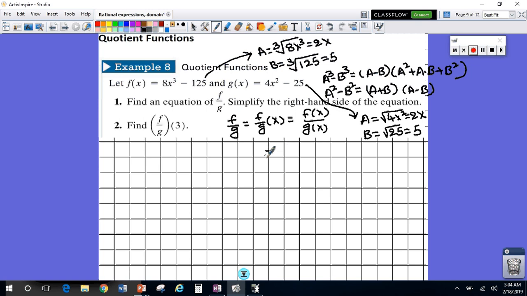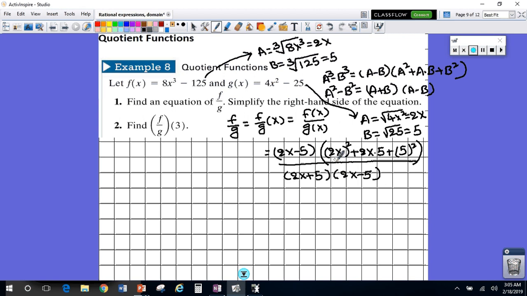Then what do you get? a minus b, that is 2x minus 5, times a square, that is 2x square, plus a times b, 2x times 5, plus b square, that is 5 square, whole divided by a plus b times a minus b, that is 2x plus 5 and 2x minus 5.